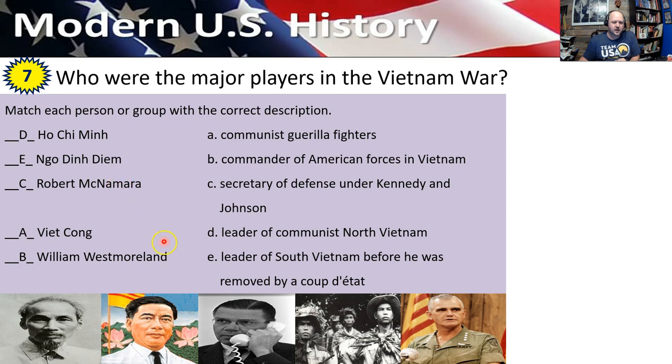Robert McNamara, that's him here on the phone, is C. He was the Secretary of Defense under Kennedy and Johnson. The Viet Cong, A, were communist guerrilla fighters. And William Westmoreland, B, here he is. He was the commander of American forces in Vietnam. So it's important to remember who these individuals were. It might pop up on a question.